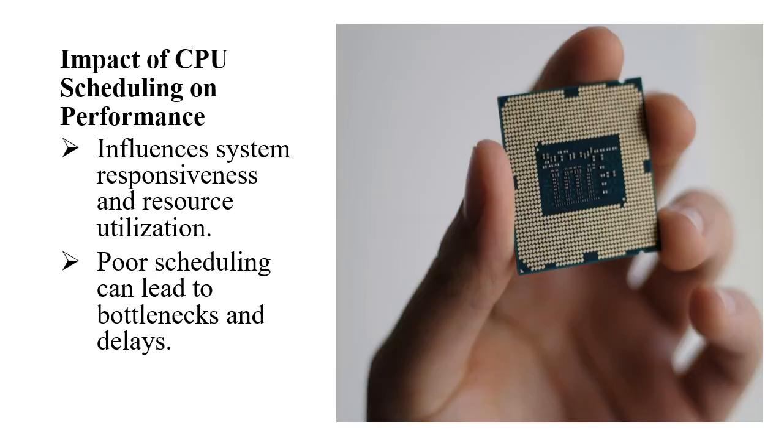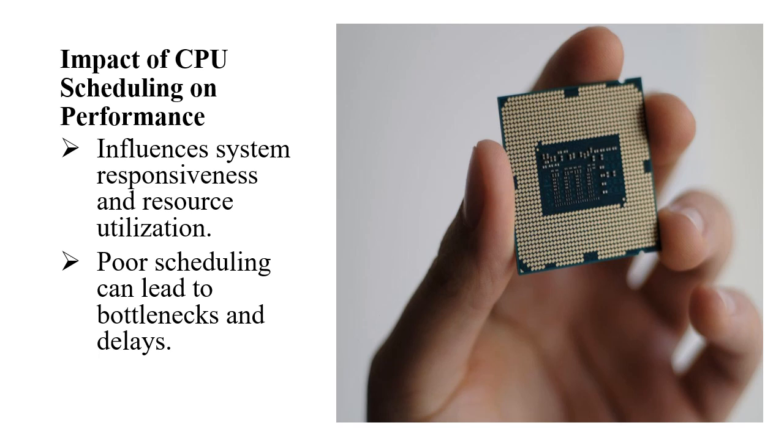Next, impact of CPU scheduling on performance. CPU scheduling has a direct impact on system performance because good scheduling algorithms improve system responsiveness and resource utilization by efficiently managing CPU time.